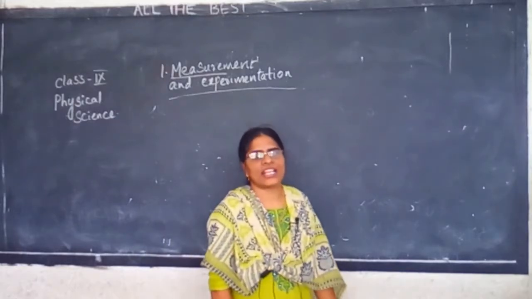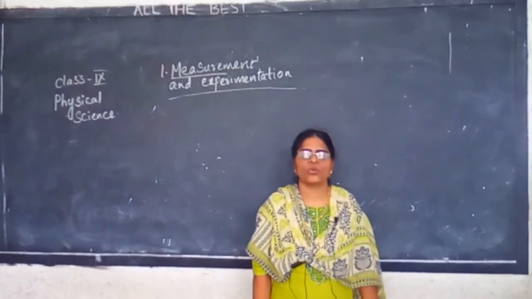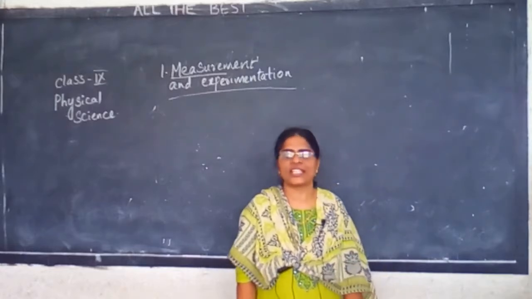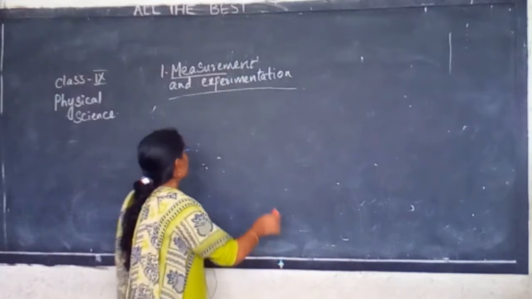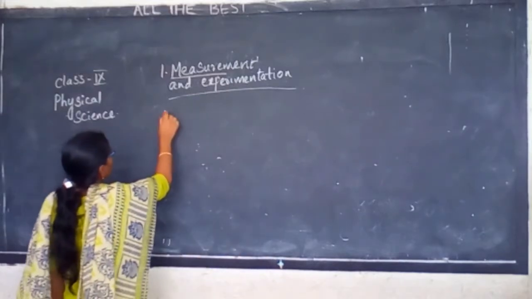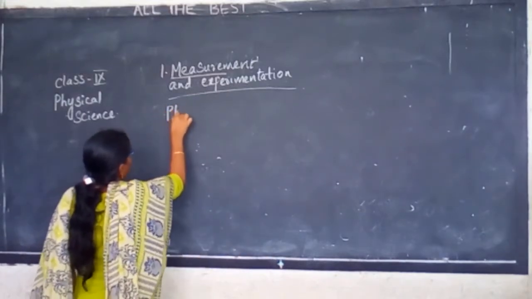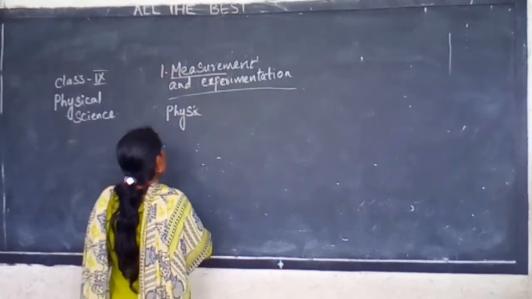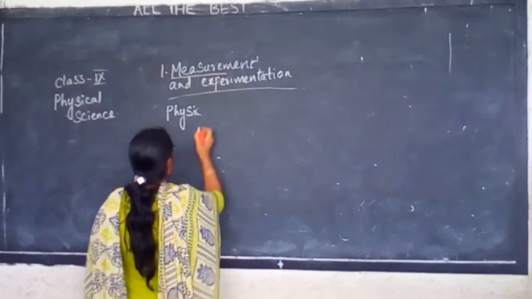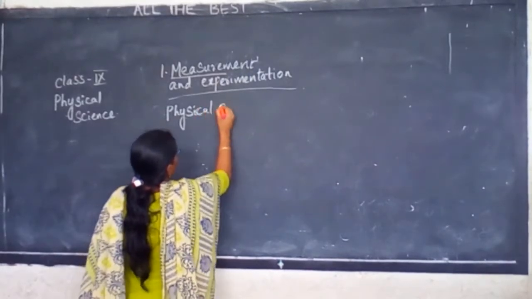Today we will learn about derived quantities. In the last class, we studied what we mean by a physical quantity. Let us revise once again. We have discussed certain physical quantities. What are those physical quantities?